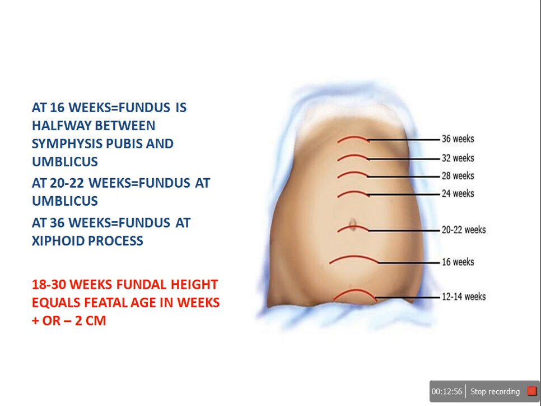So the height is almost equal to the weeks. If you get 28 centimeters, it means the baby is 28 weeks. So these are some of the important things when we describe pregnancy.